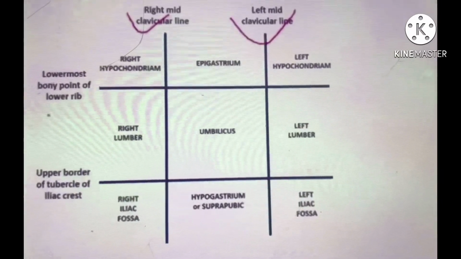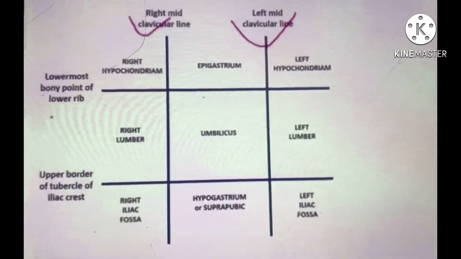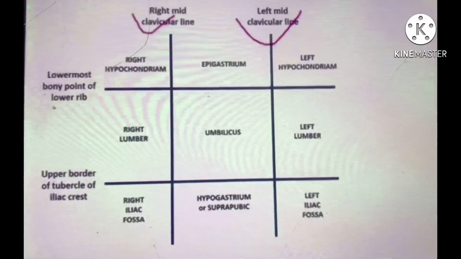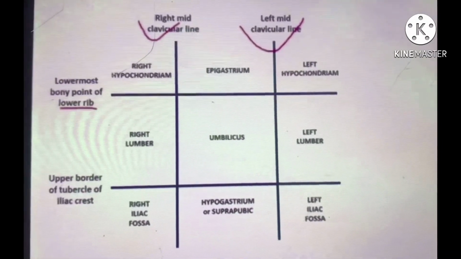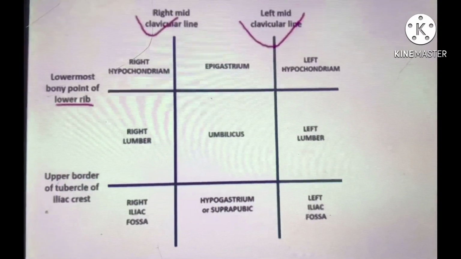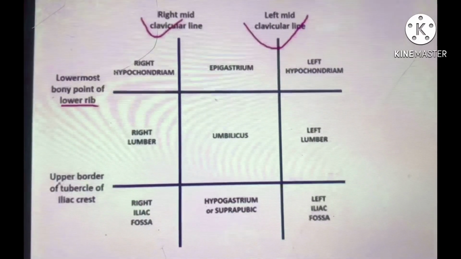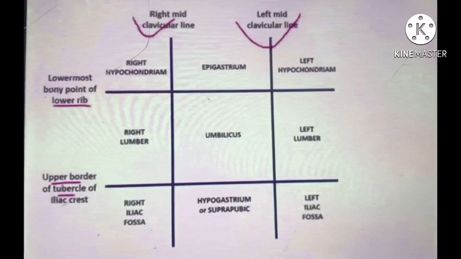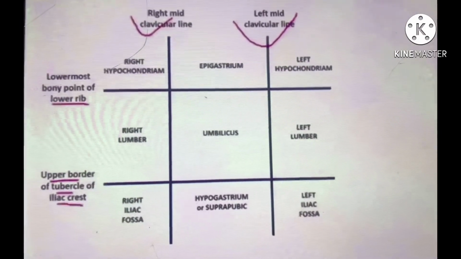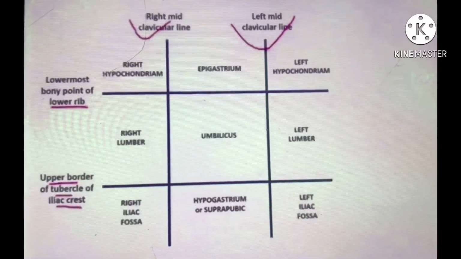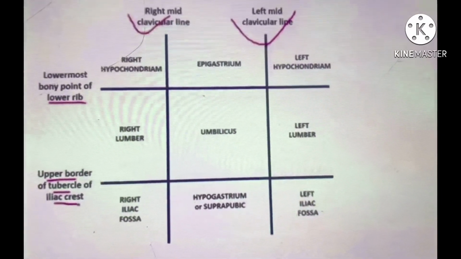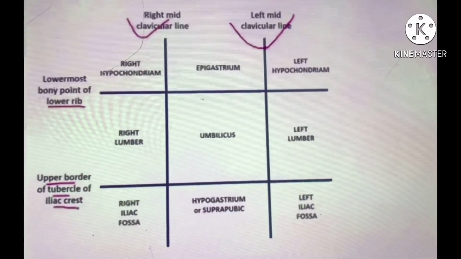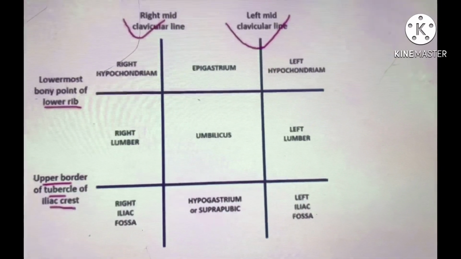And for the 2 horizontal lines, we draw the upper horizontal line from the lowest bony part of the lower rib, and the lower horizontal line from the upper border of the tubercle of the iliac crest. So these 2 vertical and 2 horizontal lines divide the anterior abdominal wall into 9 different parts.